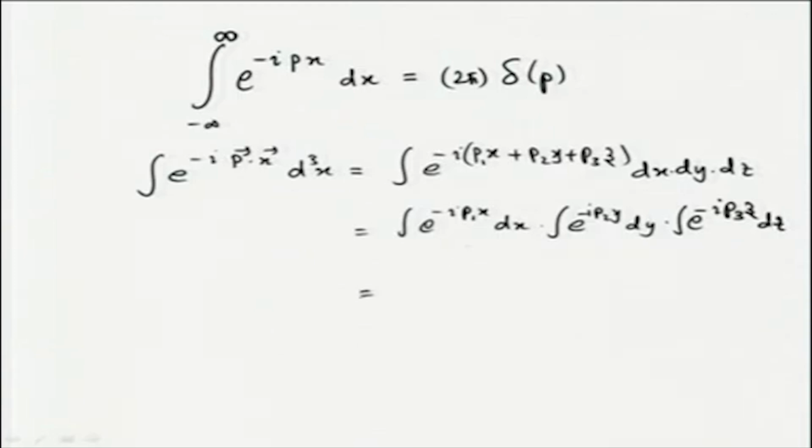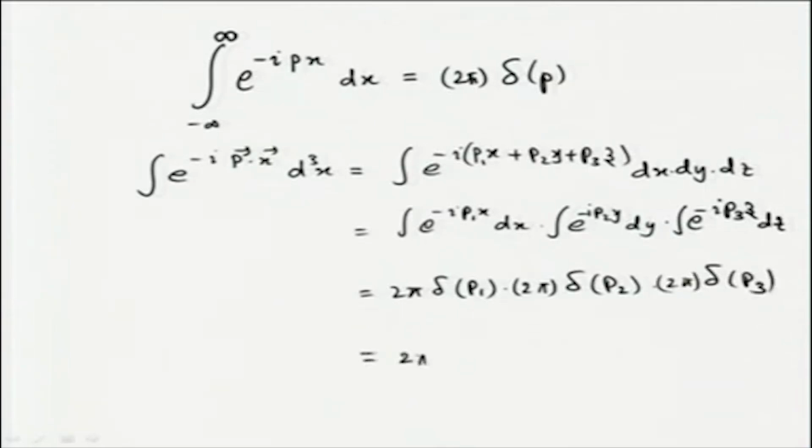This is equal to 2 pi delta p1, 2 pi delta p2, 2 pi delta p3. Together, as a compact notation, I can write it as (2 pi)^3 delta^3 of vector p. This is the explicit form, the line just before that.